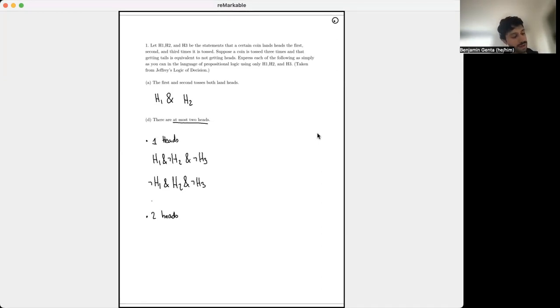And similarly, we can have not H1 and not H2 and H3. So these just mean the coin landed heads on the first toss, the coin landed heads on the second toss, and the coin landed heads on the third toss.